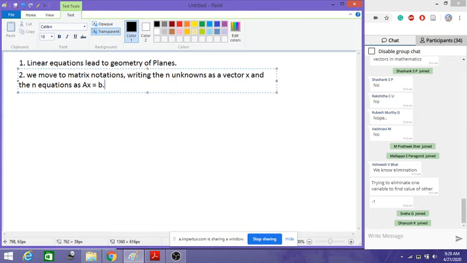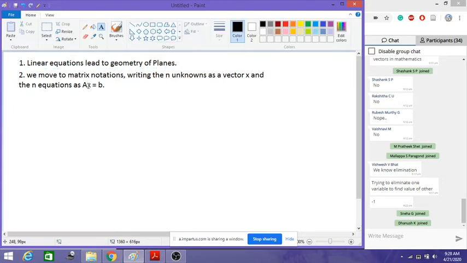We do not keep this in equation form; we move these equations to a matrix form and represent them in terms of vectors, and n equations are represented as Ax equal to b. Here x represents the unknowns, A is the coefficients of these equations, and b is the right-hand side.